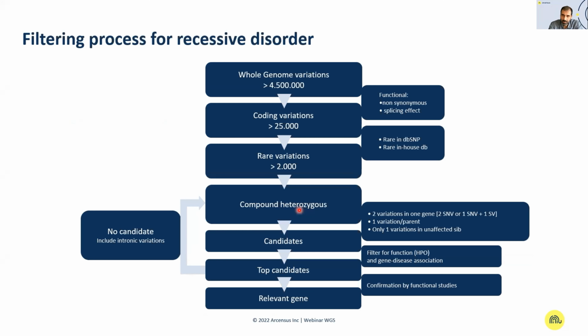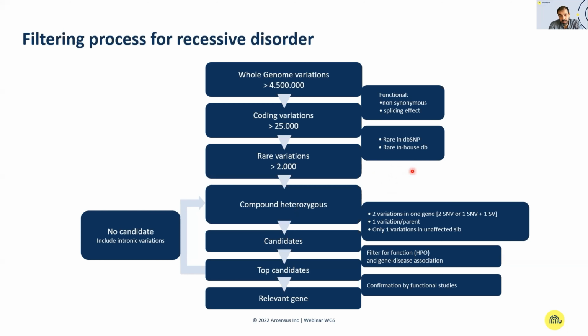So the obvious step is to start the filtering after these variants have been annotated, and I hope you understand why this annotation is so important, because you need to reduce this number of 4,500,000 to a manageable size of candidates that could explain the symptoms.